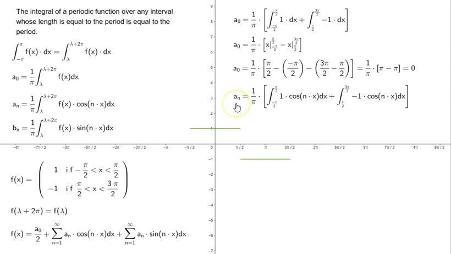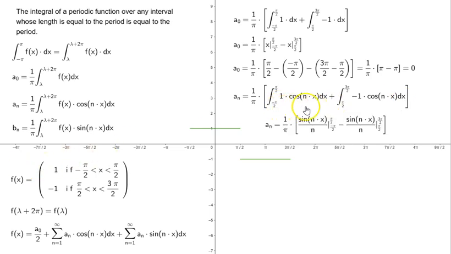If we look at a n, we know the formula for this. So 1 by pi times the integral from minus pi by 2 to pi by 2 of 1 times cos nx dx plus the integral from pi by 2 to 3 pi by 2 of minus 1 times cos nx dx.